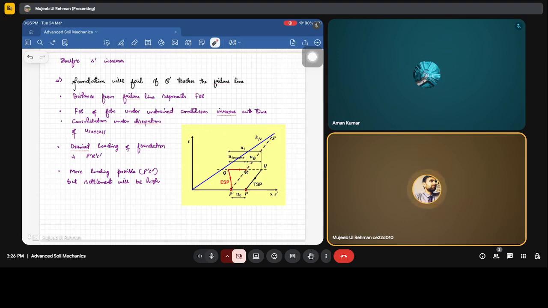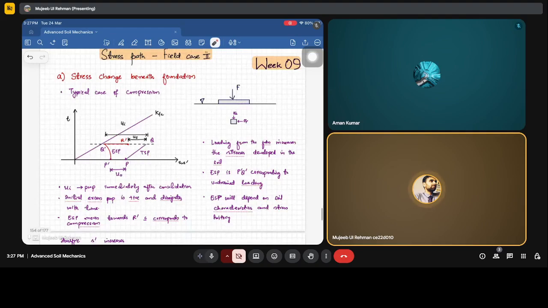Once this pore water pressure starts to dissipate, there will be chances of higher consolidation. So more loading is possible in this P', S', but settlement will be very high, which can make things unserviceable for us. So while we discussed the stress change beneath the foundation, we have seen that once pore water pressure starts to dissipate, our factor of safety starts to increase.